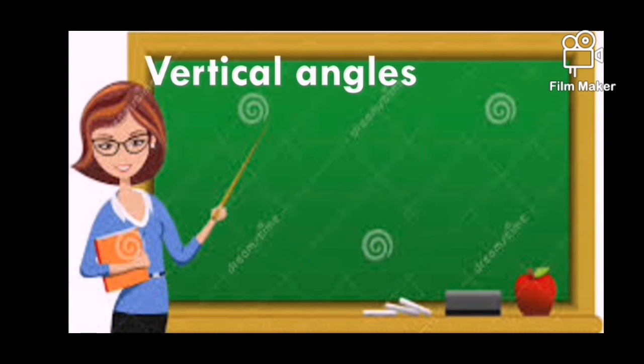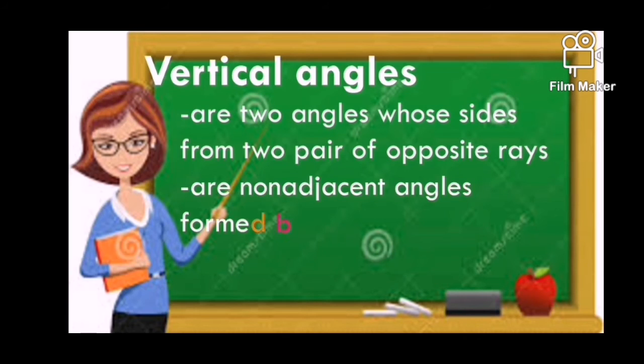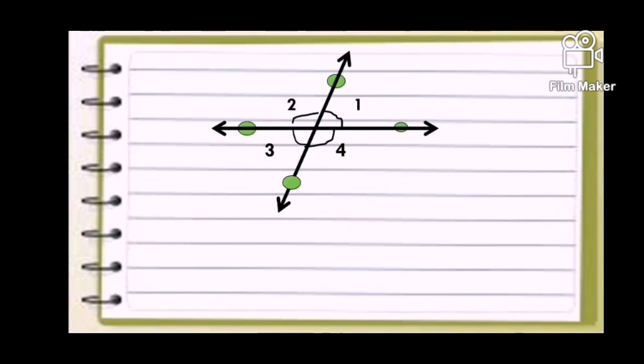The next angle pair that we have is vertical angles. Vertical angles are two angles whose sides form two pairs of opposite rays and are non-adjacent angles formed by two intersecting lines.